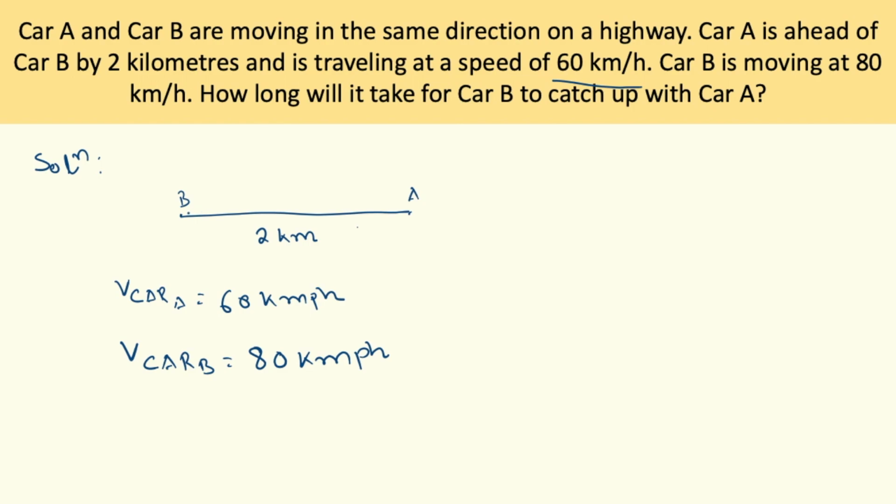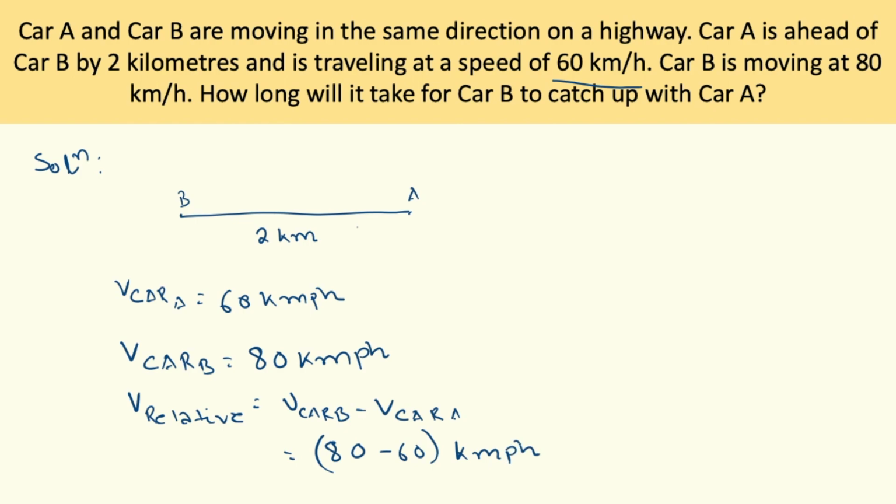If you see here, car B is chasing car A. That means car A is not assisting car B to catch up. So the relative speed here would be V relative equals V car B minus V car A, which would be 80 minus 60 kmph, which is equal to 20 kmph.